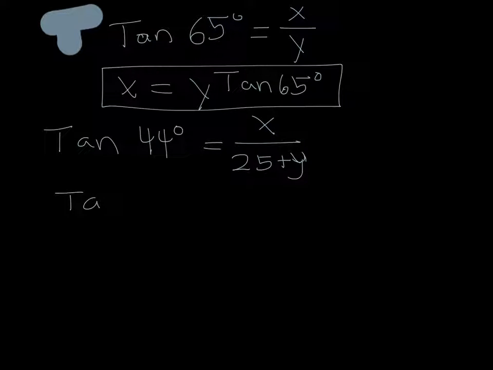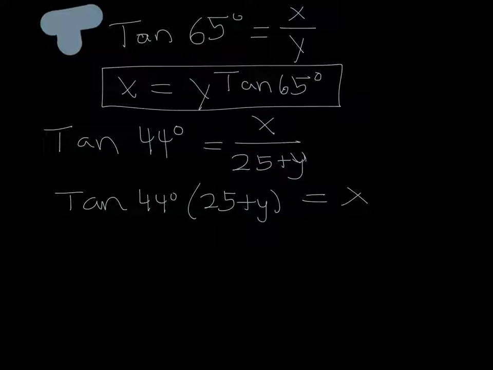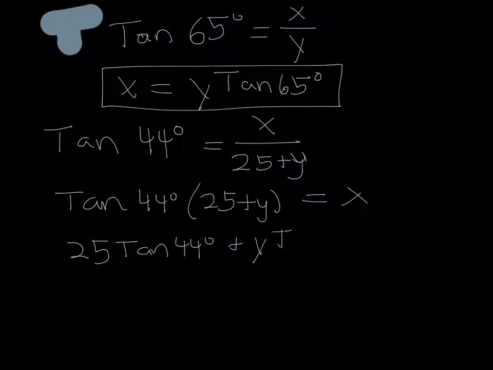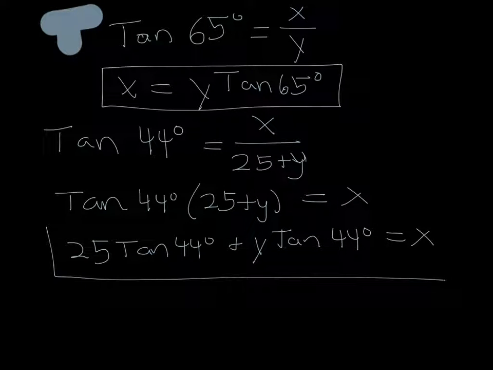So that's the tangent of 44 degrees needing to be multiplied to the 25 and the y to get that x alone. So if we distribute through, 25 tangent 44 degrees plus y tangent 44 degrees equals x. That is a second equation.